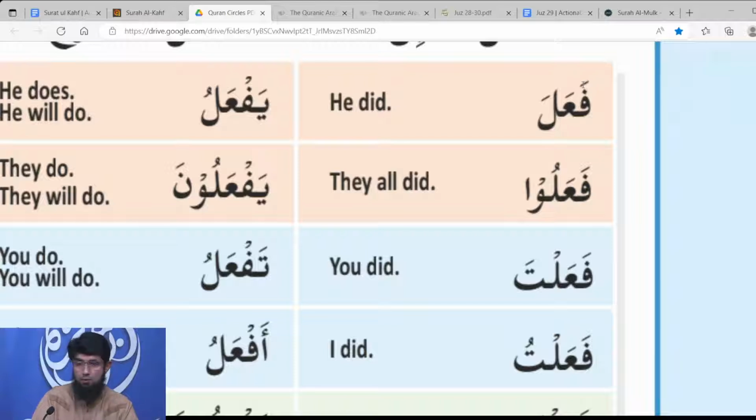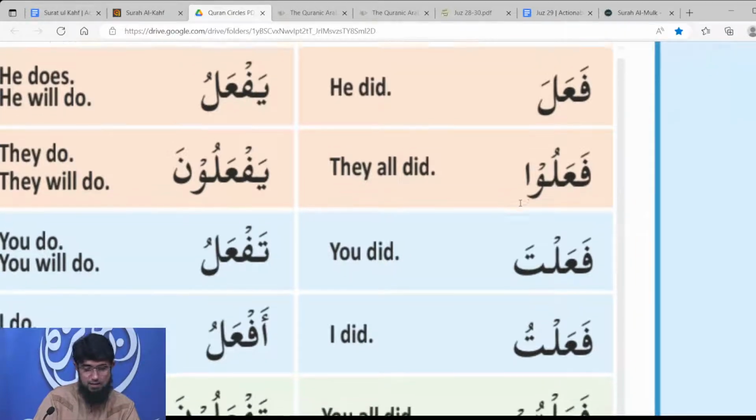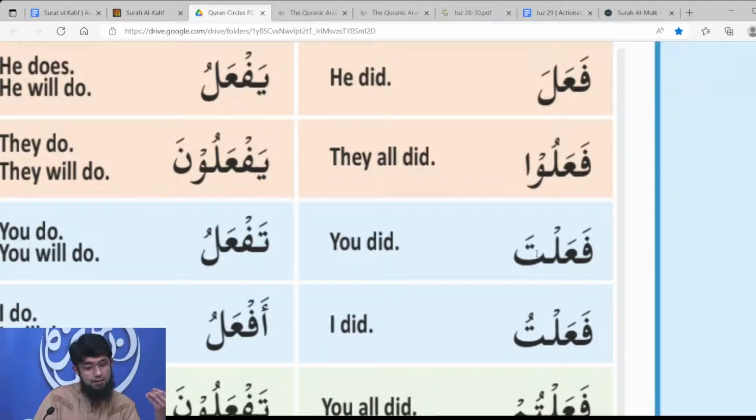He. Fa'ala is he did, and there's no prefix or suffix here. That's why it gives you the example of he did. If there's a waw, it means they did. If you have ta, it means you did.